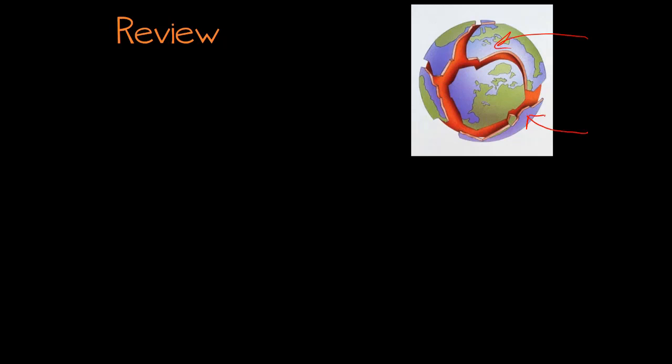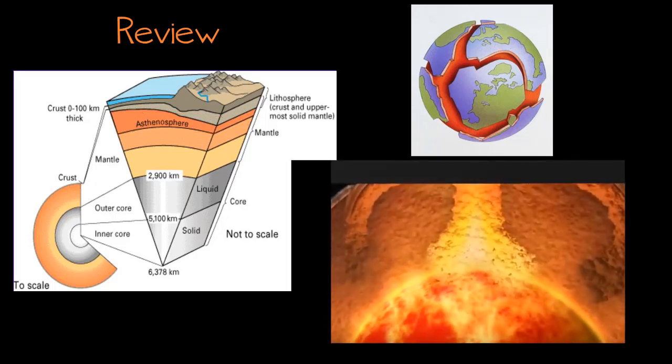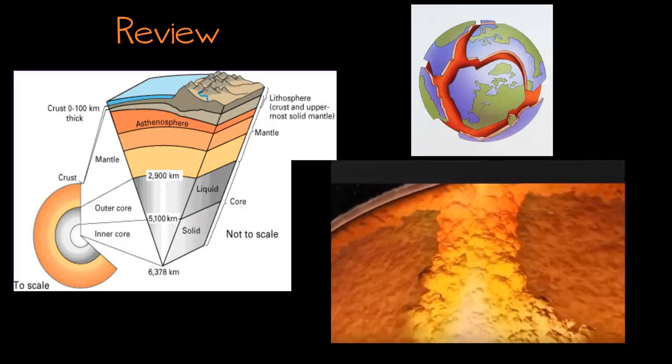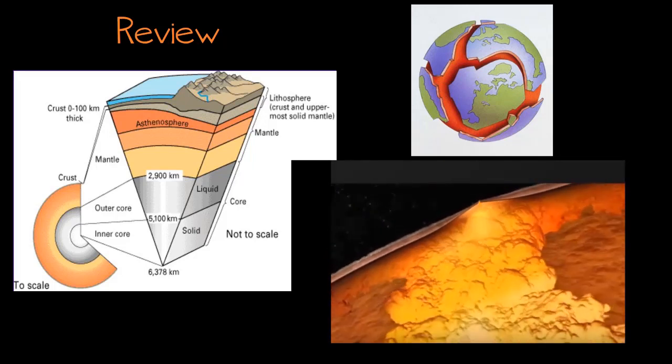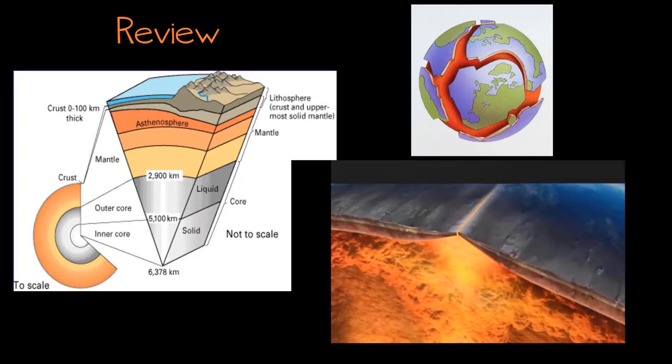And the tectonic plates are floating on top of the asthenosphere, which is made of the rest of the upper mantle. And as heat from Earth's core moves up through that asthenosphere, convection currents form that cause the asthenosphere to start moving.